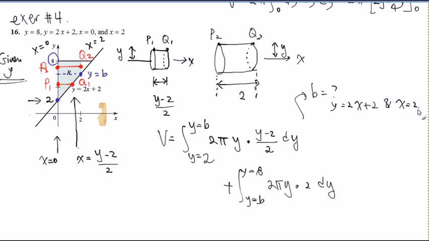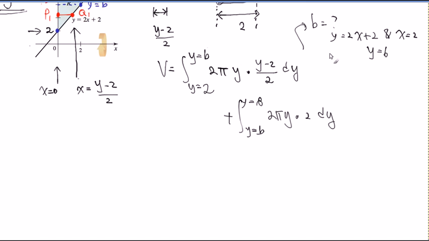So that's why it's 6, right? There's a 6, yes. So y equals 6. So b becomes 6. So it's 2, 4, 6 as indicated in the picture. So that really becomes 6 there.